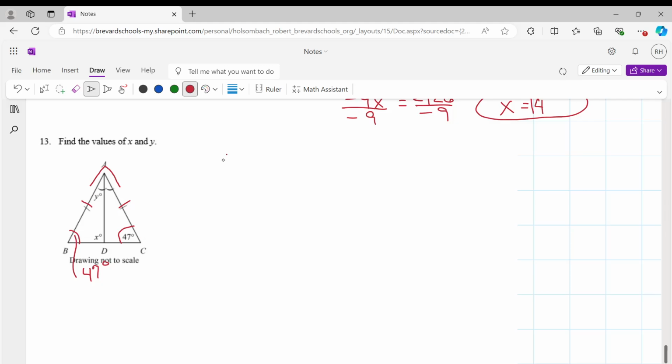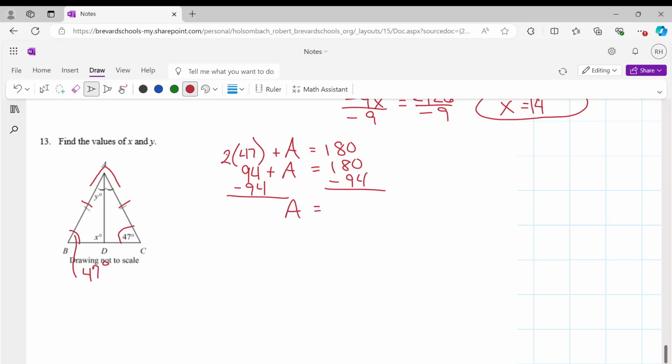So we've got 2 times 47 plus angle A, it's got to sum 180. So 47 times 2, 94, plus angle A is equal to 180. Subtract 94 from each side, and big angle A is equal to 86 degrees.